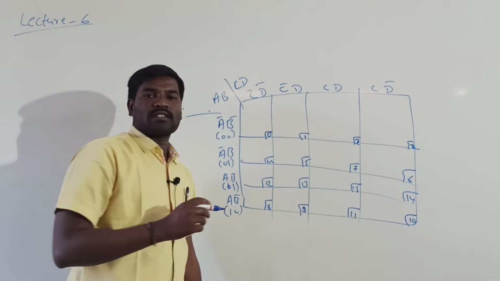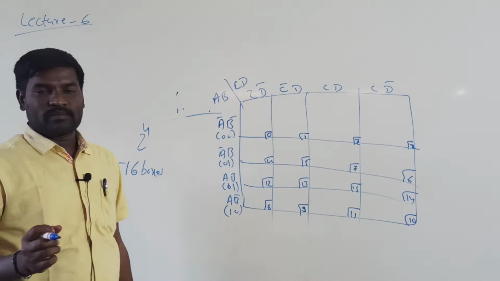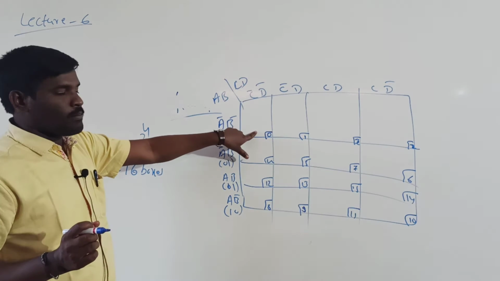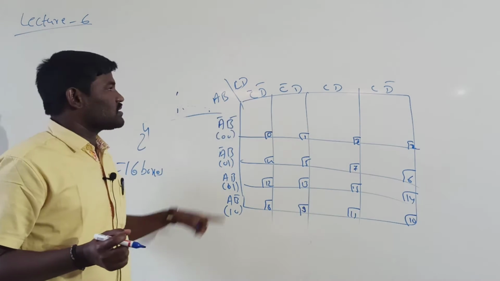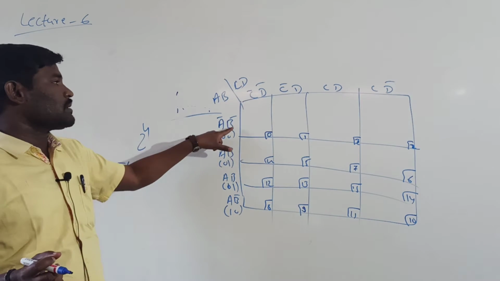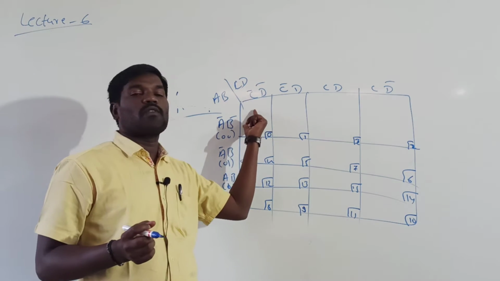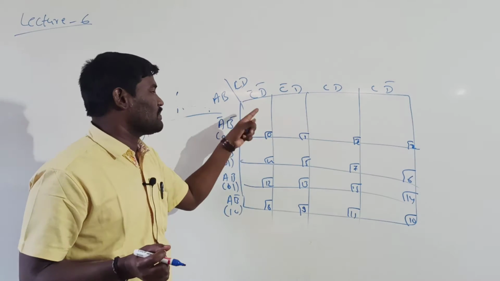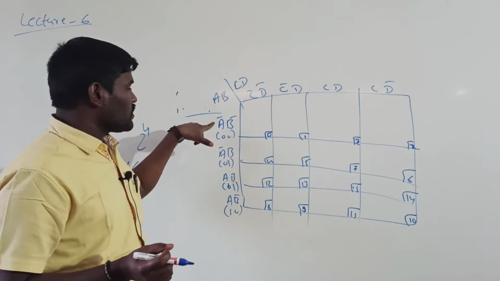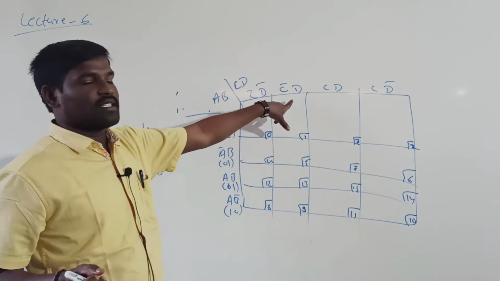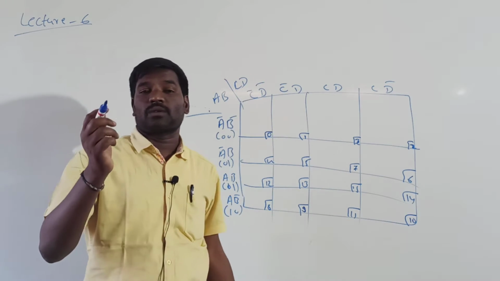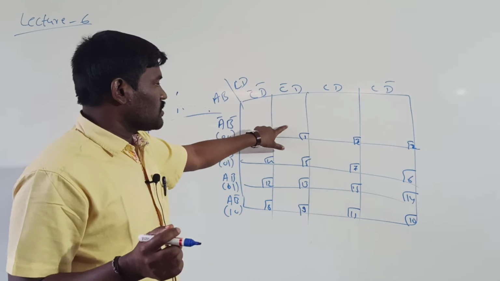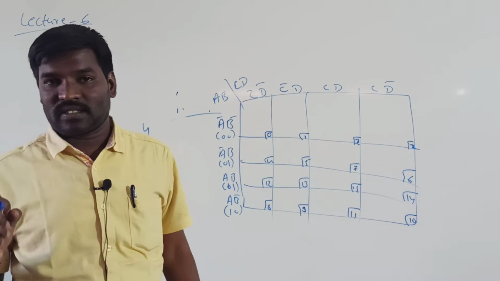So these are all the positions of the K-map. Here M0 or 0 position value is A bar, B bar, C bar, D bar. A bar, B bar, C bar, D bar is the value of the first box, that is 0 position. In the same way you can multiply row name with column name, and you will get the value of the particular position.